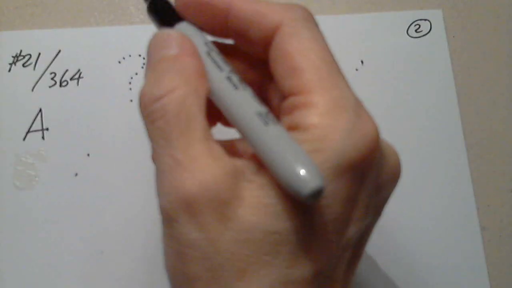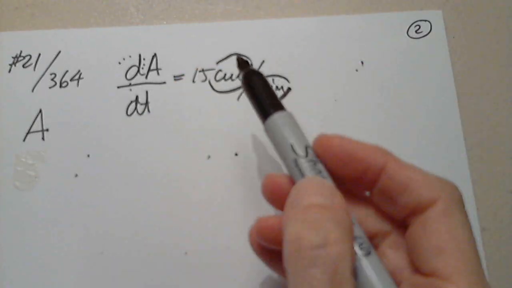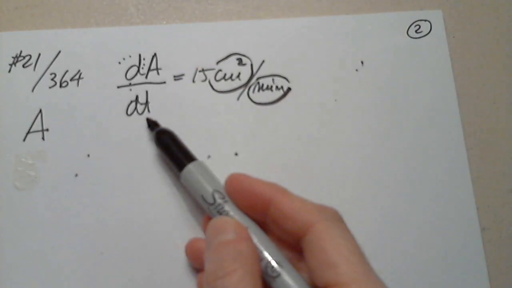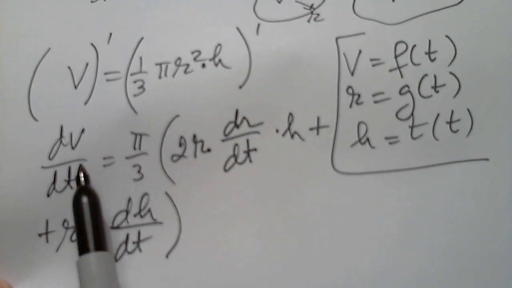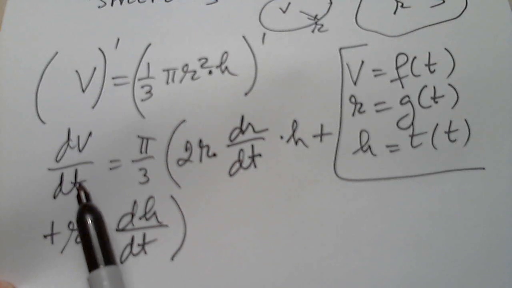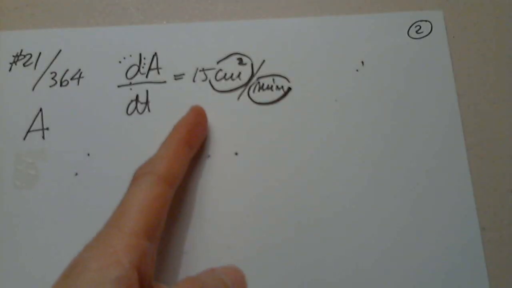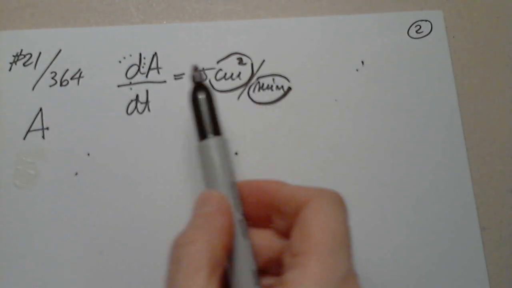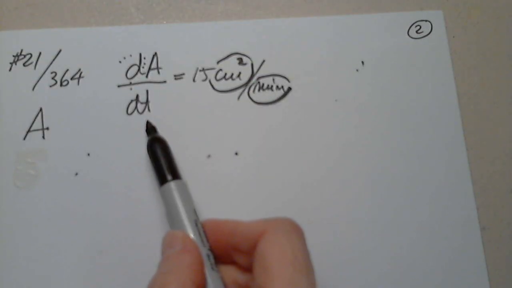So this is the derivative of area with respect to time, exactly what I wrote here, but it was for volume, dV over dt. So we are given 15 centimeters squared per minute. It cannot mean anything else but the derivative of area with respect to time.